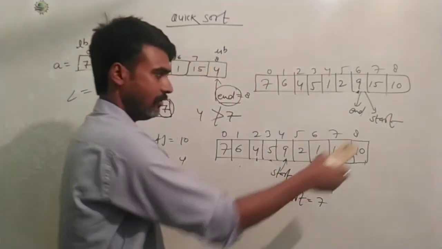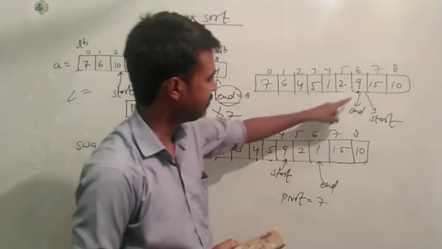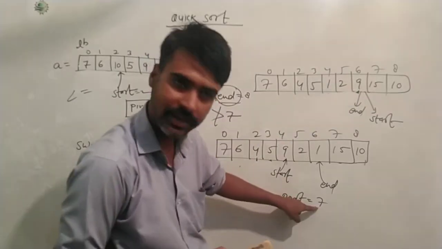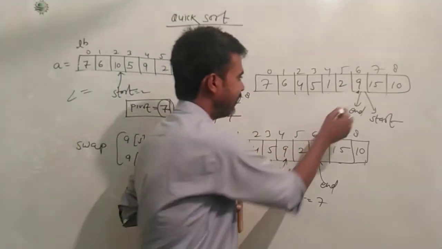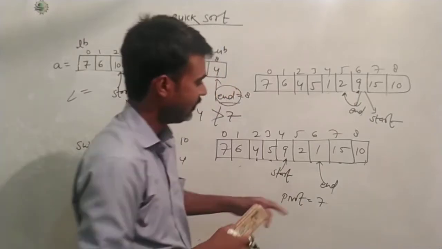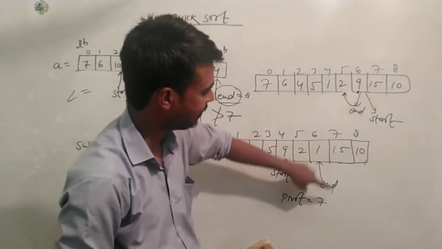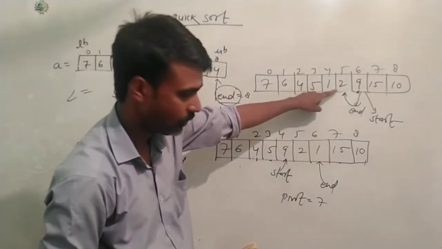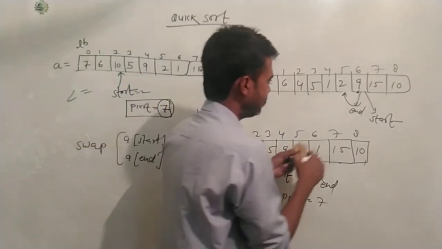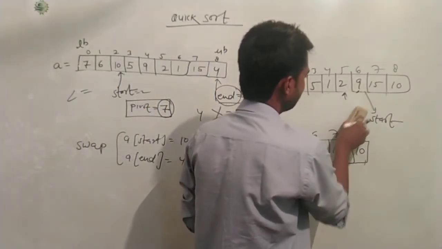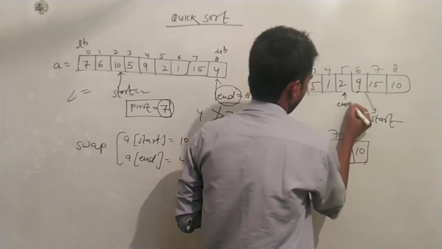Now from the right hand side, is this value greater than this value? Yes, and it will be decreased by 1. Is this value greater than this? No. So the value of end is 2.